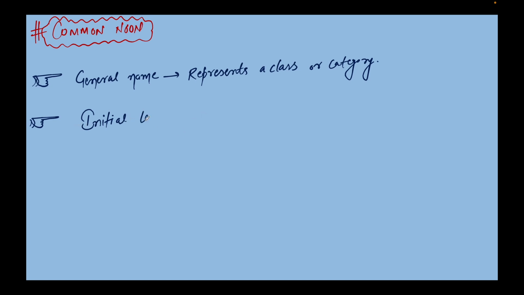So here the initial letter must be lowercase, meaning a small letter.